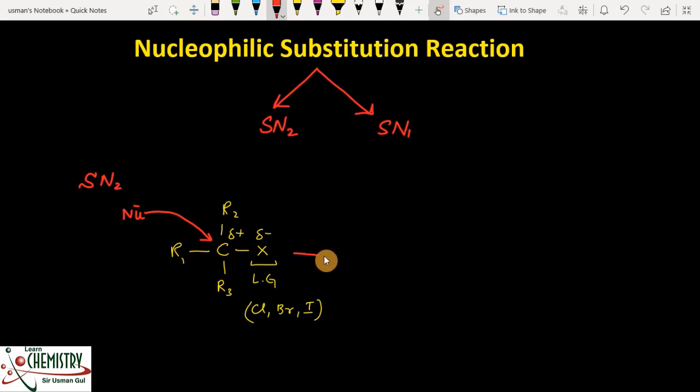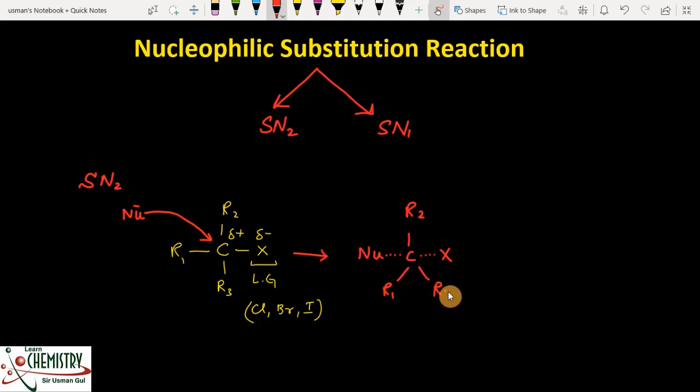What will happen next? The nucleophile will make a bond with the carbon, and the leaving group will leave the carbon. Both things happen at the same time, but all the other groups remain attached to the carbon. There will be no change in those groups.